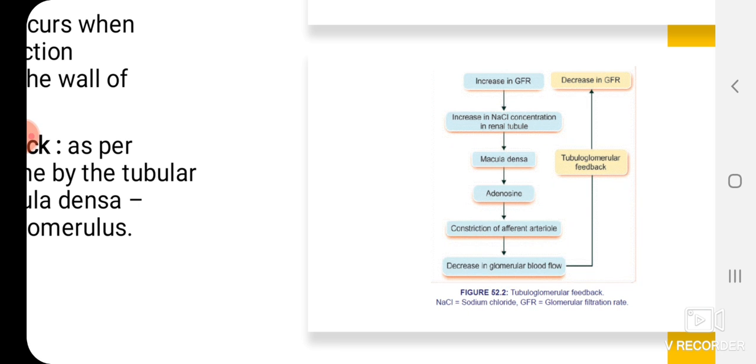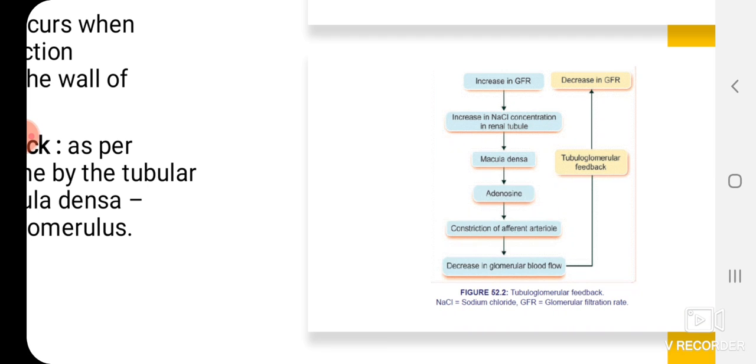If the sodium ion and chloride ion concentration is increased in the renal tubule, the macula densa cells detect this sodium ion concentration in the fluid.